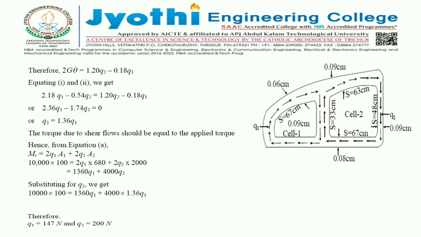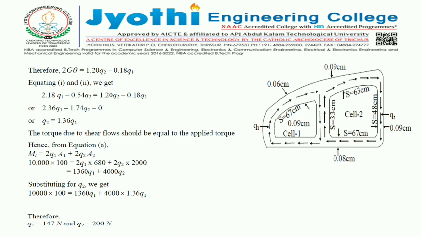We get 2.18 Q1 minus 0.54 Q2 is equal to 1.20 Q2 minus 0.18 Q1. From that equation, we can get the relation between Q2 and Q1. Q2 is equal to 1.36 Q1.